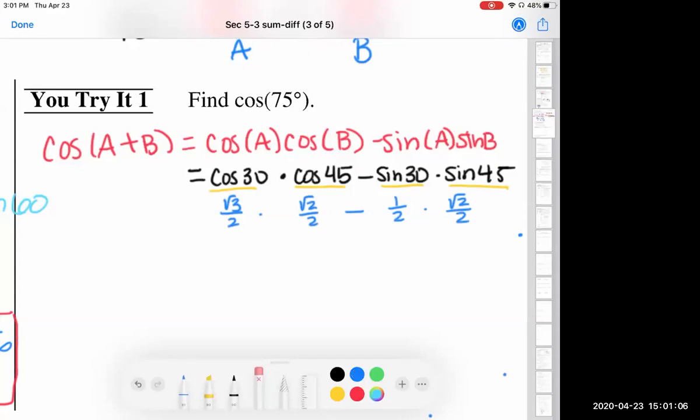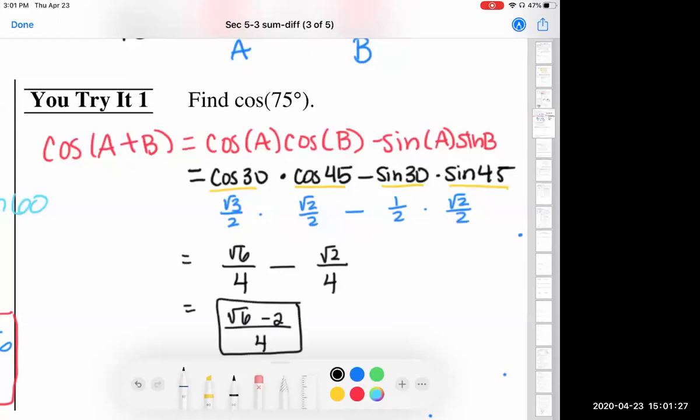Let's multiply across. Square root of 3 times square root of 2 is square root of 6. 2 times 2 is 4, minus 1 times square root of 2 is square root of 2. 2 times 2 is 4. So we're left with square root of 6 minus square root of 2, all over 4. That is our answer.